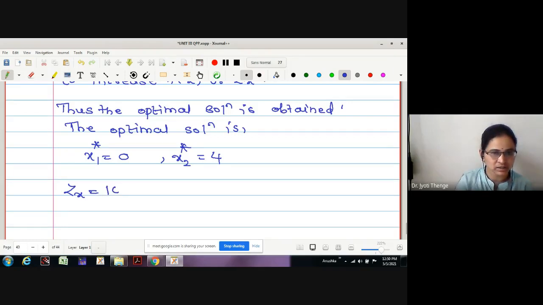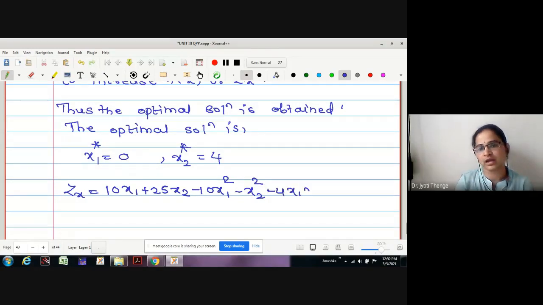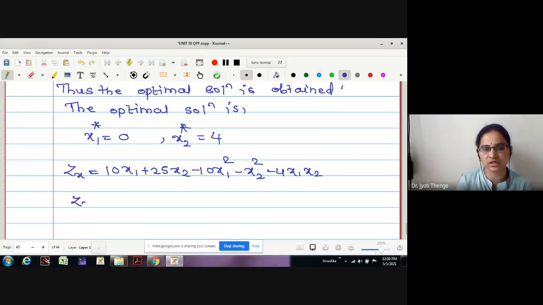Let me write. Zx is 10x1 plus 25x2 minus 10x1 square minus x2 square minus 4x1 x2. What is the value of zx at these two points? x1 is 0, x2 is 4, I have to substitute.